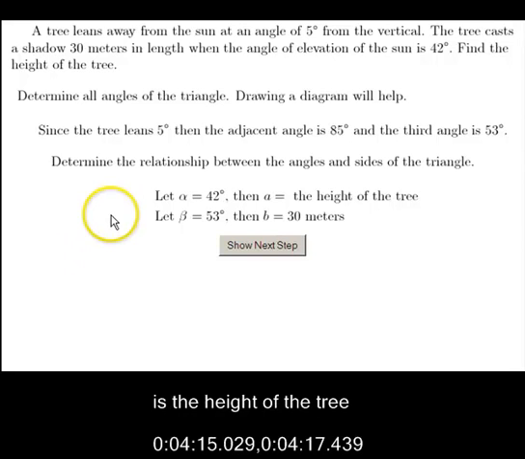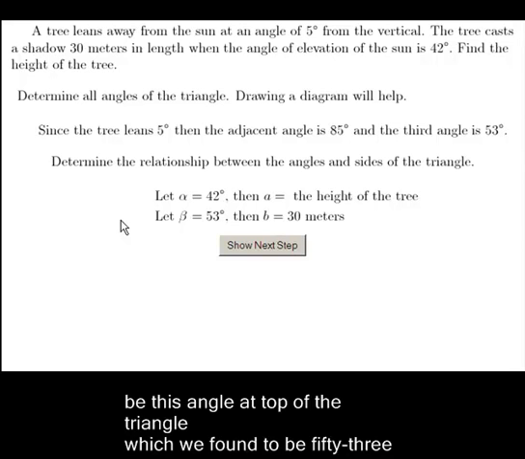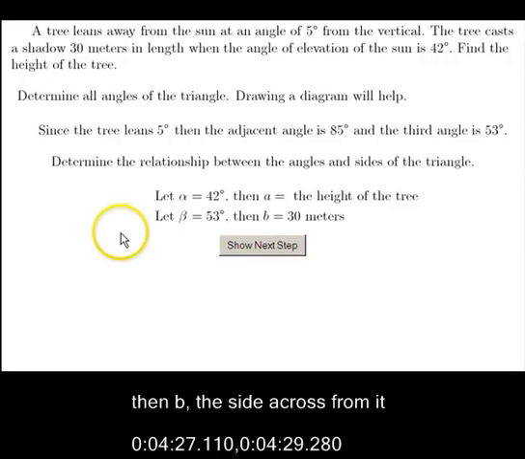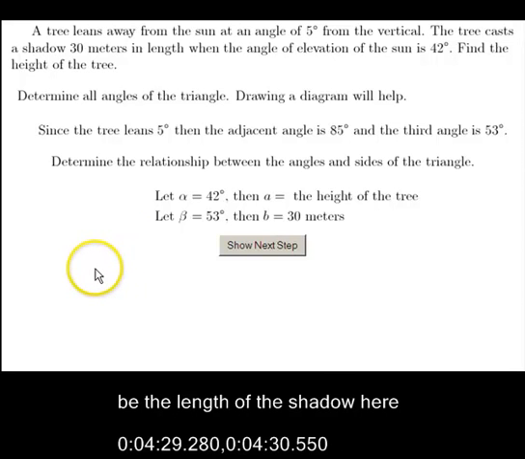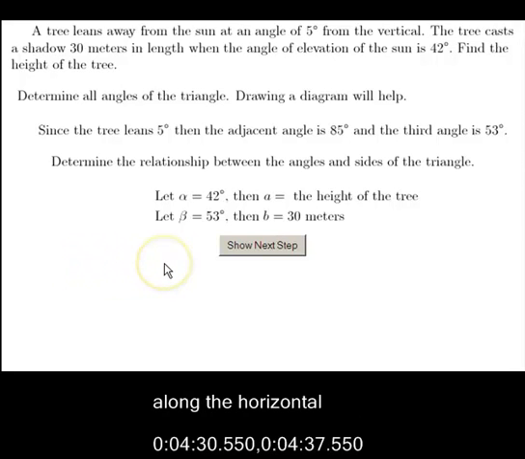And if we let beta be this angle at the top of the triangle, which we found to be 53 degrees, then b, the side across from it, will be the length of the shadow here on the horizontal, which is 30 meters.